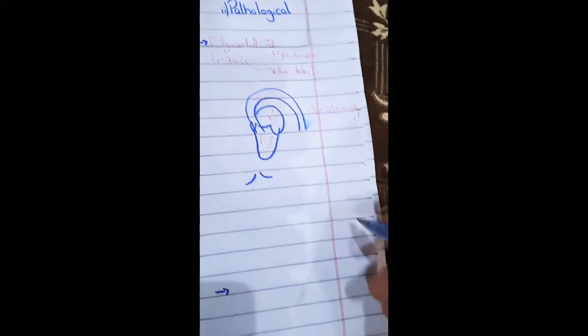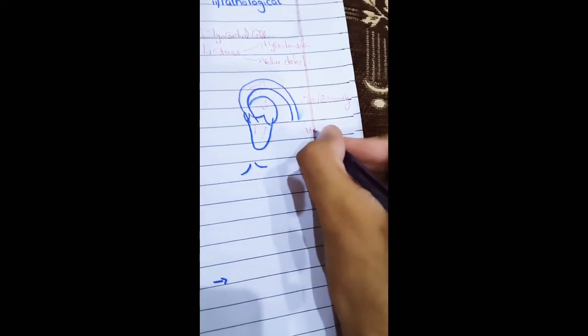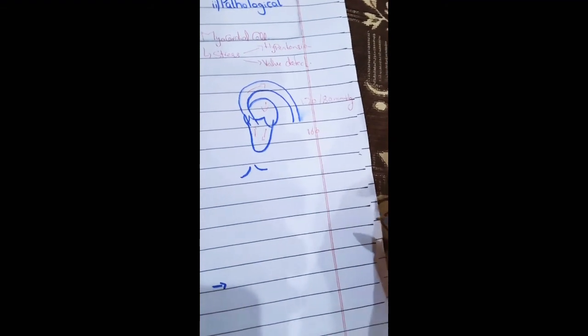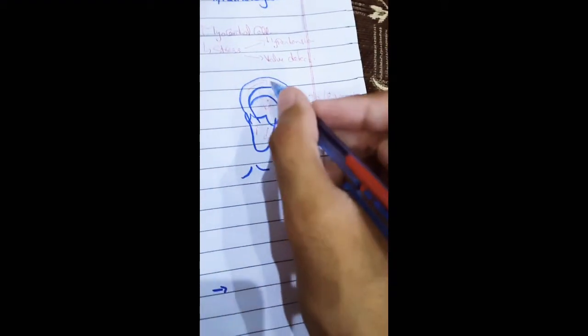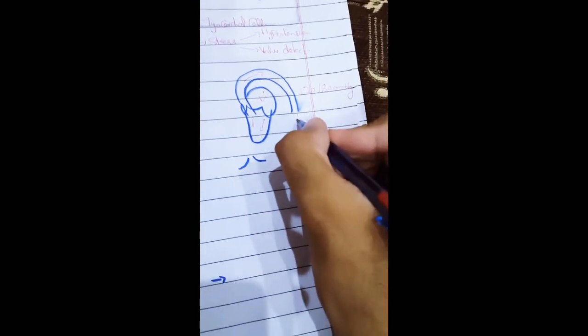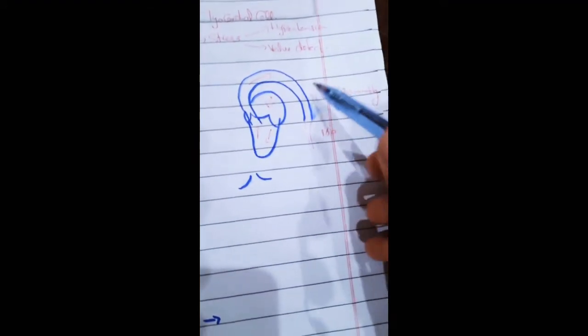But what happens in hypertension? This is not 120, this becomes like 160 or 180 or so. So what happens next? The vessel becomes more narrow when the pressure is increased. See, the vessel becomes more narrow.